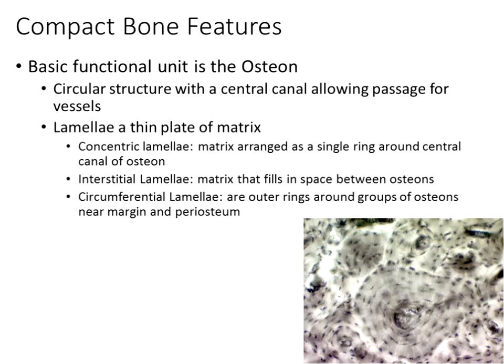Okay. So when you look at most of your dense, compact bone, you're going to see these logs running at you, and they have these little circular features, and all the little dark spots are osteocytes. There's blood vessels running in the center. There's blood vessels running in between, eventually radiating into the periosteum, where they come from bigger vessels that are connected to the aorta and the bigger blood vessels.